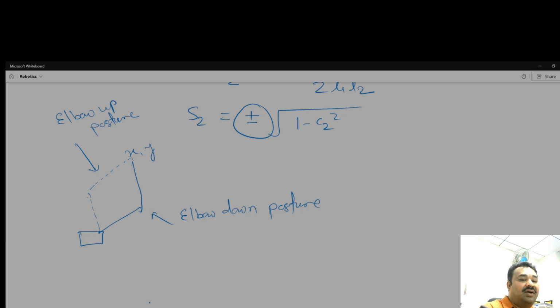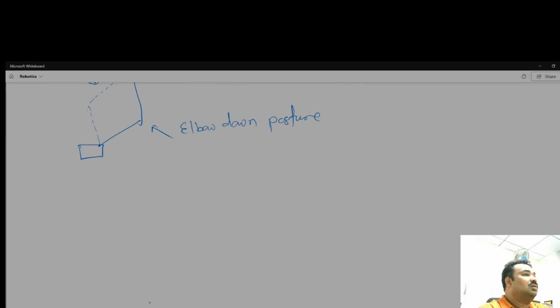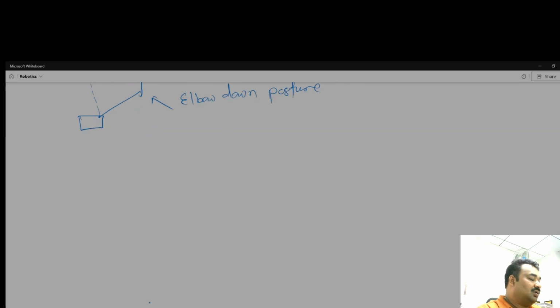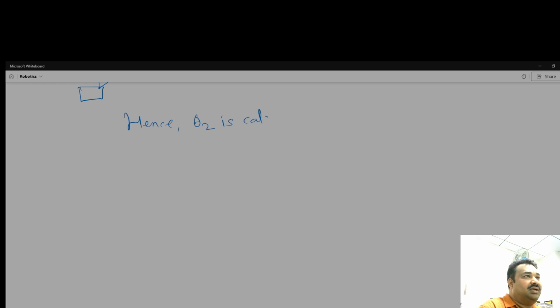Okay, now we can get the angle, hence the angle theta 2 is calculated as theta 2 is equal to atan2 of S2 comma C2.